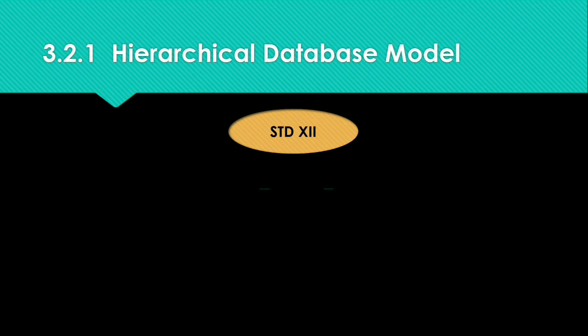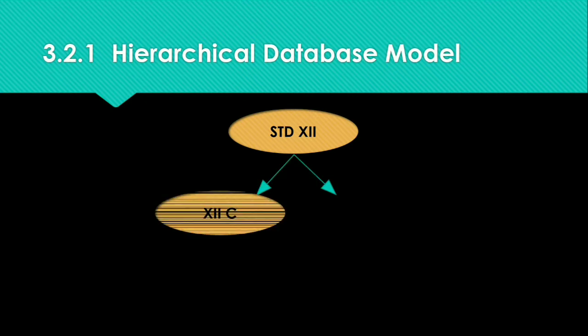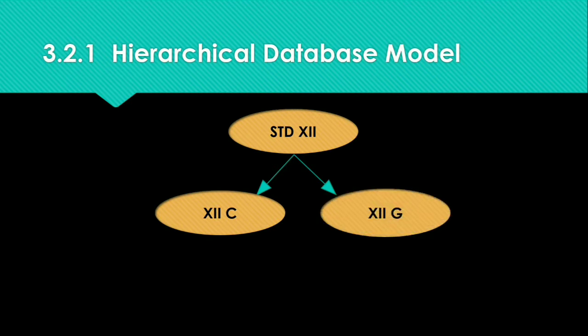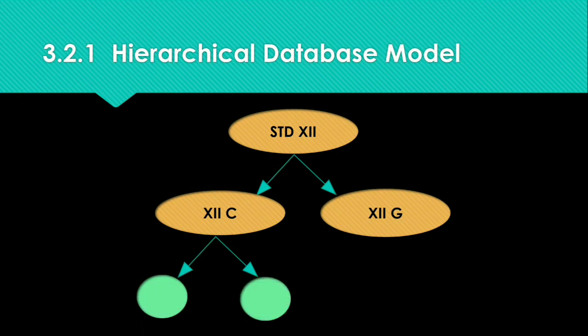Here I split this table into two different parts and create a table for +2 commerce group and +2 general group. There are so many different groups, you can create as many as you like. After dividing, storing students' details will be easier. To make it even easier, I can further divide this table into two different parts. For example, for +2 commerce students, I can maintain a table for boys alone and a table for girls. Similarly, for other groups also, we can divide the table and store a table for girls and for boys.